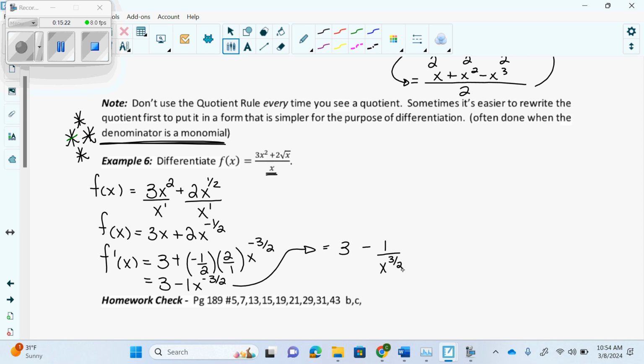And they might write it as a radical. How do I convert x to the 3 halves as a radical? Square root of x cubed. This number on the bottom is my index, pops under, the exponent at the top stays the exponent. So this would be 3 minus 1 over the square root of x cubed.